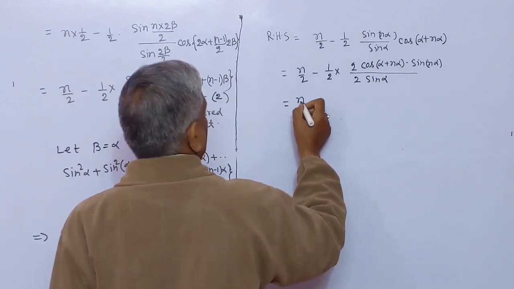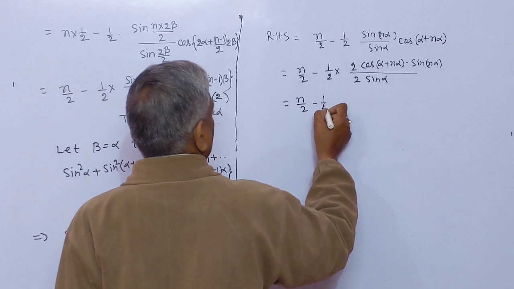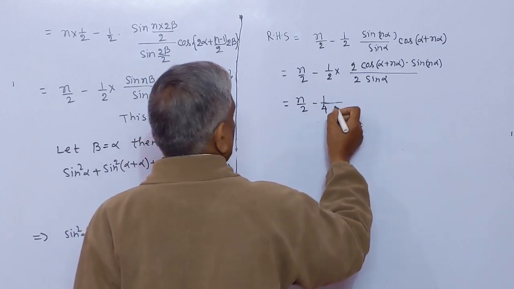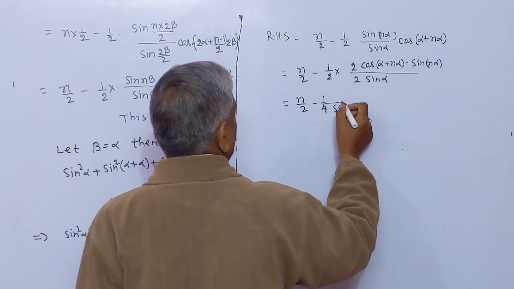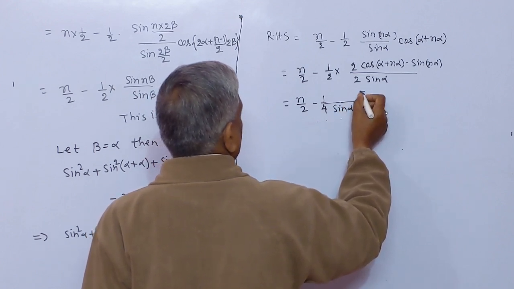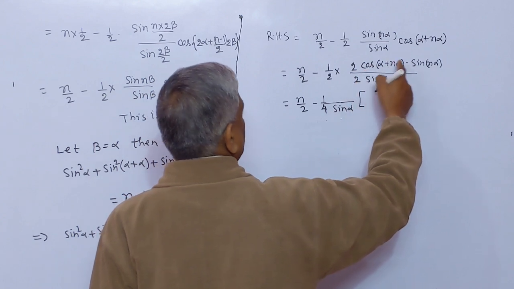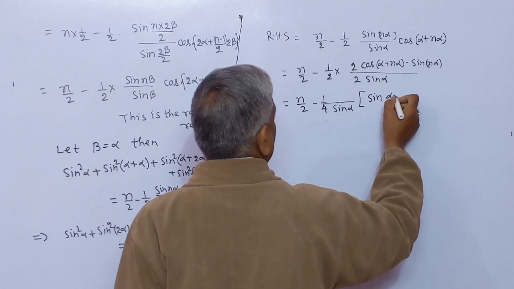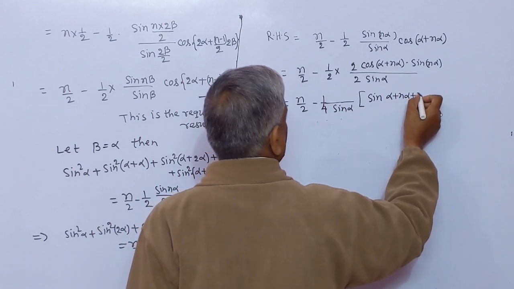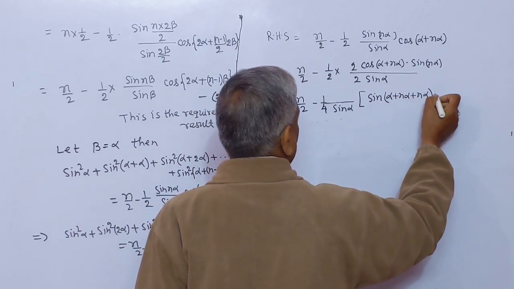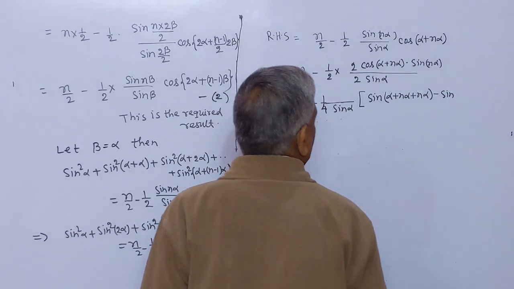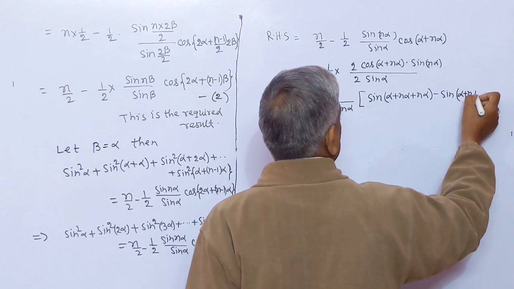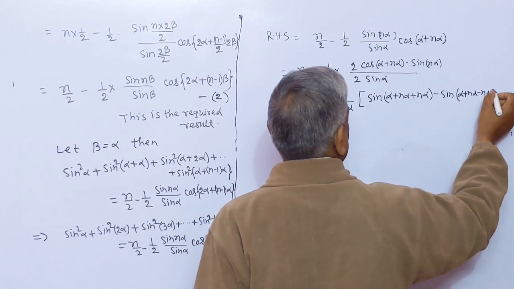This is equal to n by 2 minus 1 by 4 sine alpha, here 2 cos A into sine B is sine (A plus B) minus sine (A minus B): sine (alpha plus n alpha plus n alpha) minus sine (alpha plus n alpha minus n alpha).